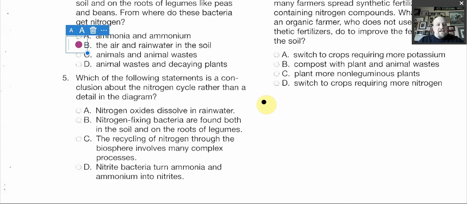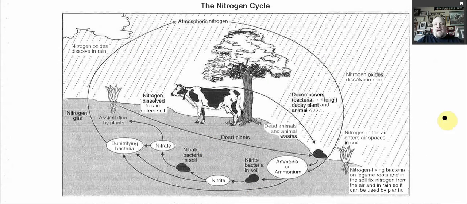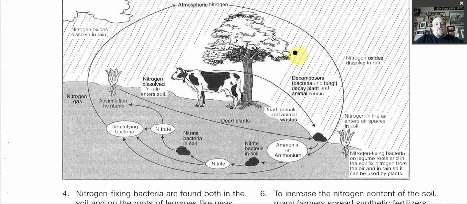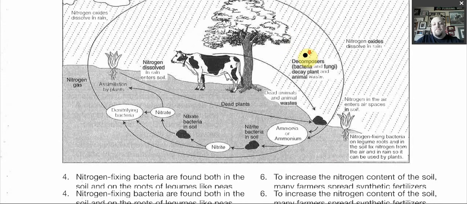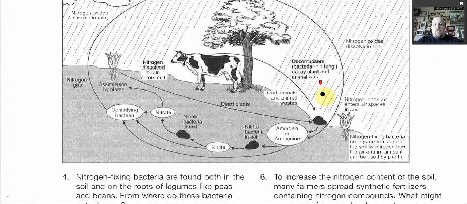So your answer for this one is going to be the recycling of nitrogen, because it doesn't actually say that anywhere. It just gives you that feeling. You can tell that nitrogen recycling is a really complex process, but it doesn't actually say that. So you just have to figure out what's the best answer that sounds the most reasonable. It doesn't clearly state that anywhere on here, but for the overall graph, that could be another title for it.